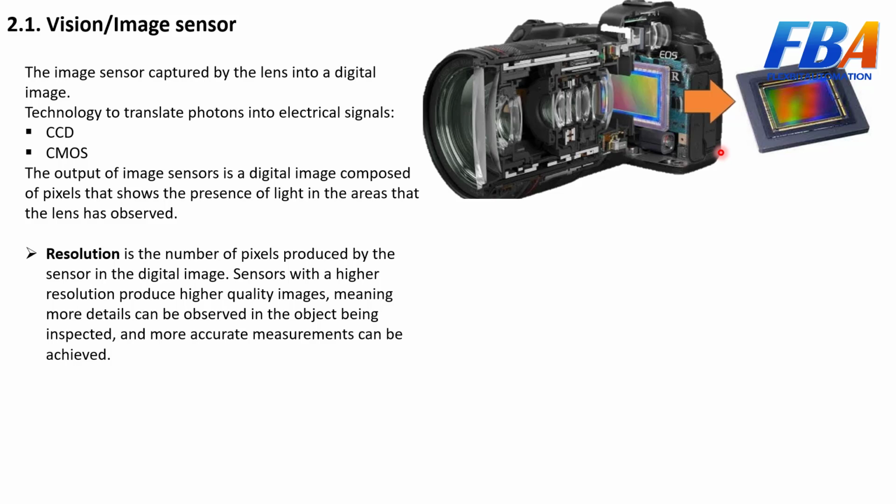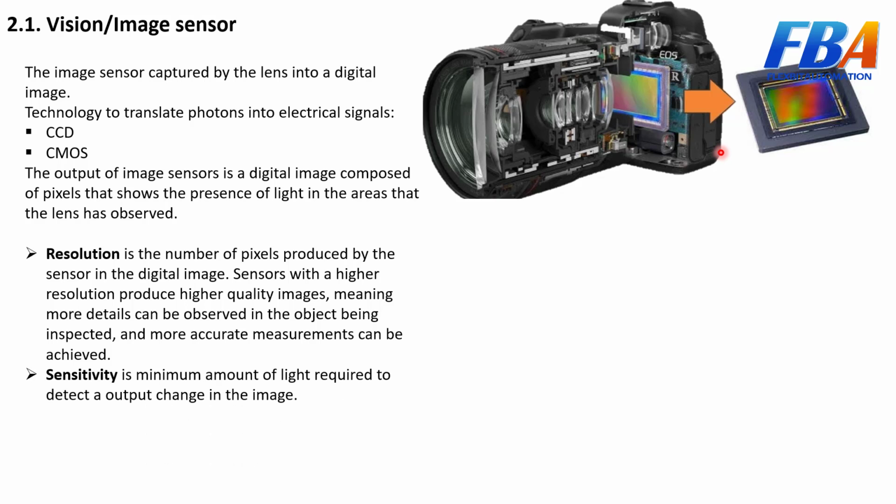The first one, resolution. That's the number of pixels produced by the sensor in the digital image. A sensor with a higher resolution produces a higher quality image. It means more detail can be observed in the object being inspected, and more accurate measurements can be obtained.